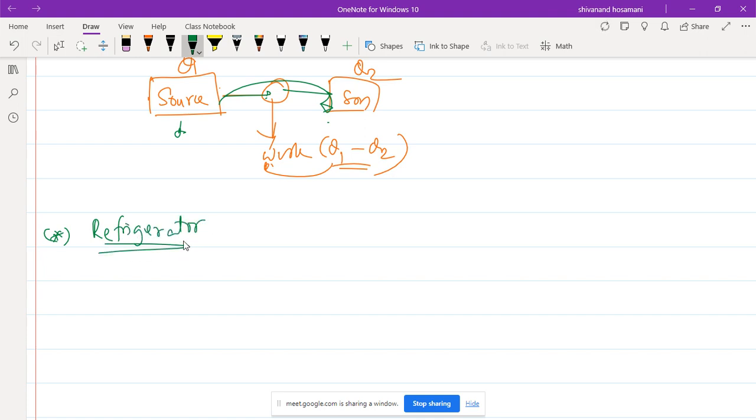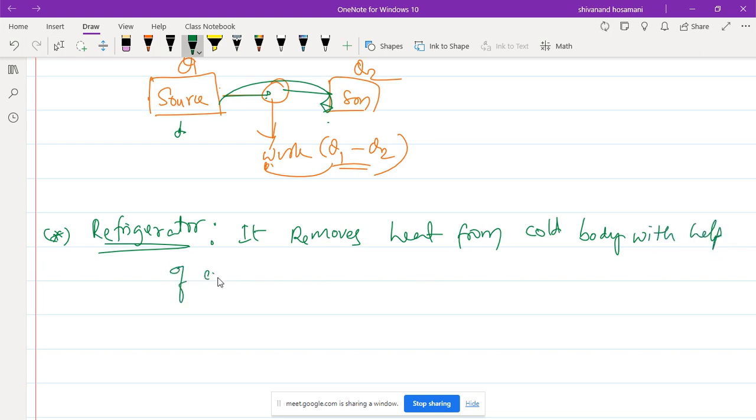Refrigerator principle: it removes heat from the cold body with the help of external work.